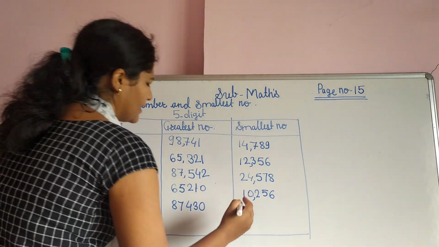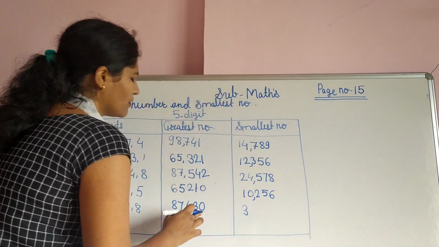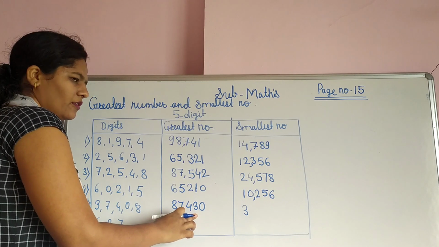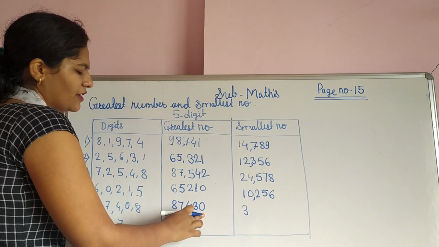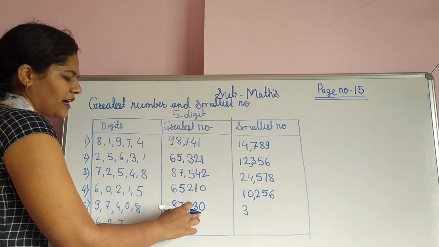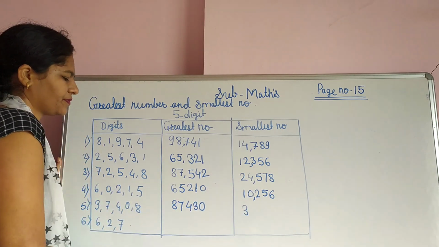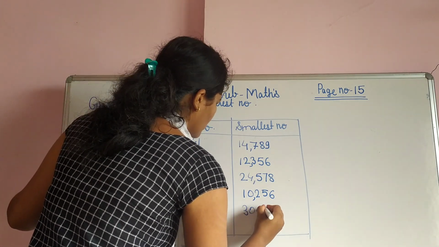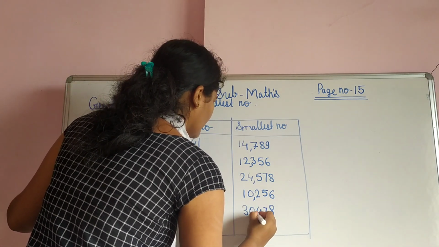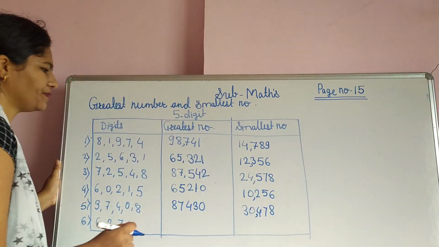So firstly we write 3, then means after 0 which digit is small, which digit is big, you write that digit first. Here after 0 which digit is big? 3, so that's why we write 3. Then next is a 0, then 4, 7 and 8. So we get this number.